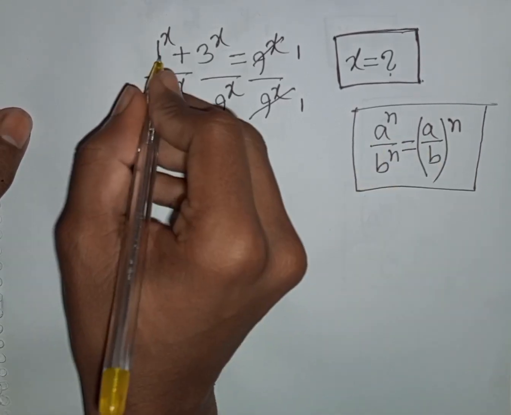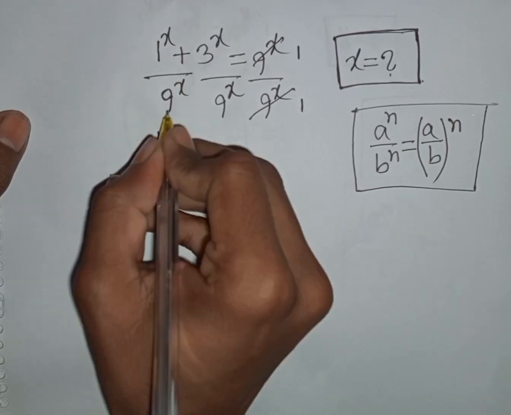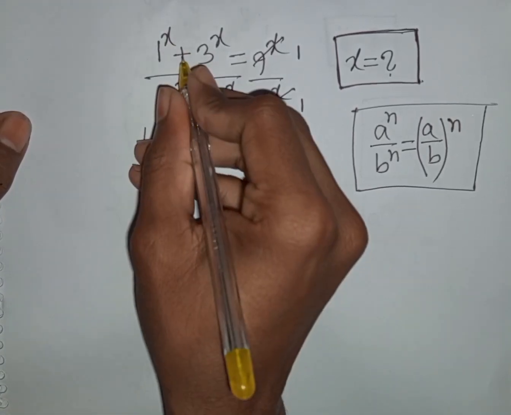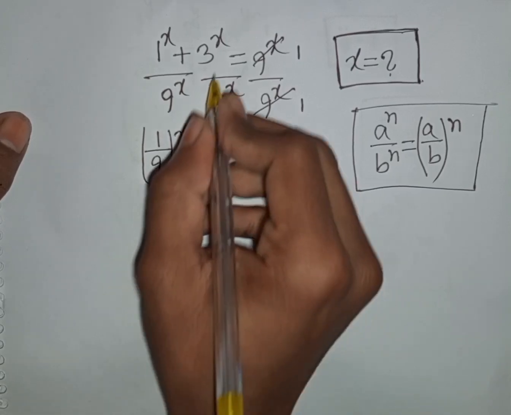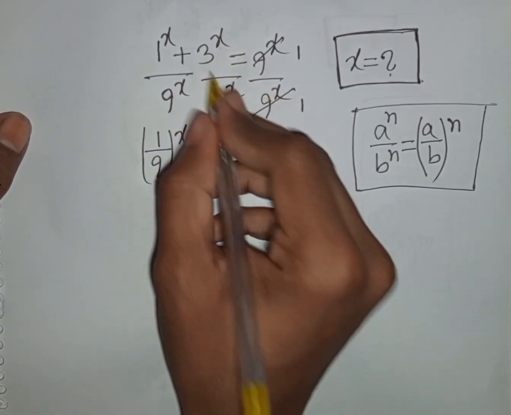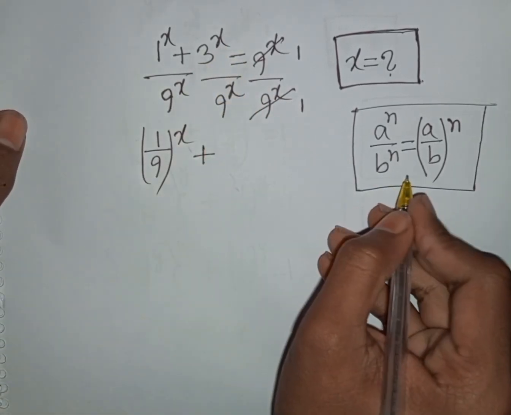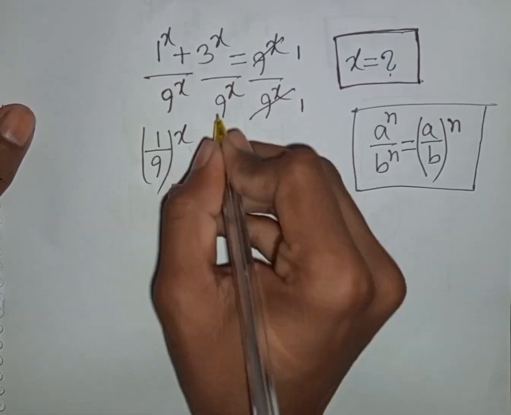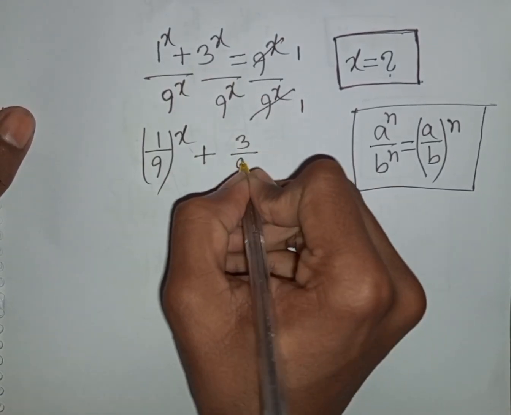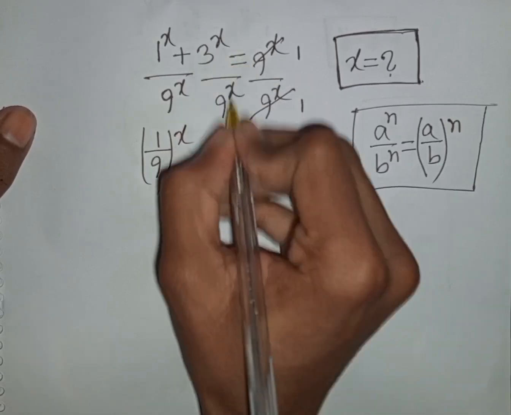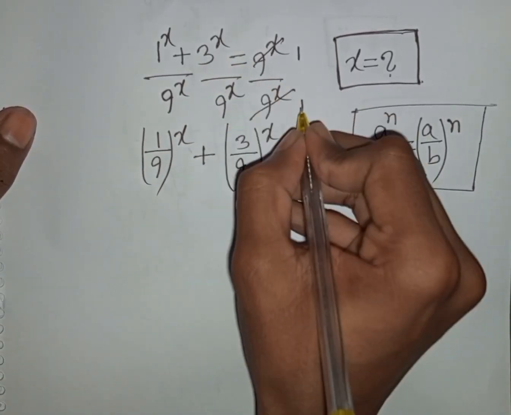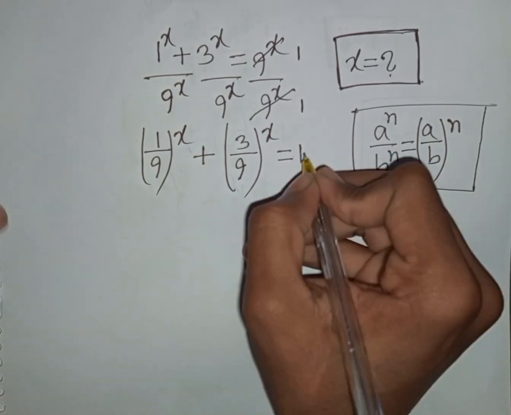So according to this formula you can write here 1 over 9, then bracket common power x, plus, we see again x same power but different base. So according to this exponential rule we can write here 3 over 9, then bracket common power x, is equal to 1 divided by 1, that means it will be 1.